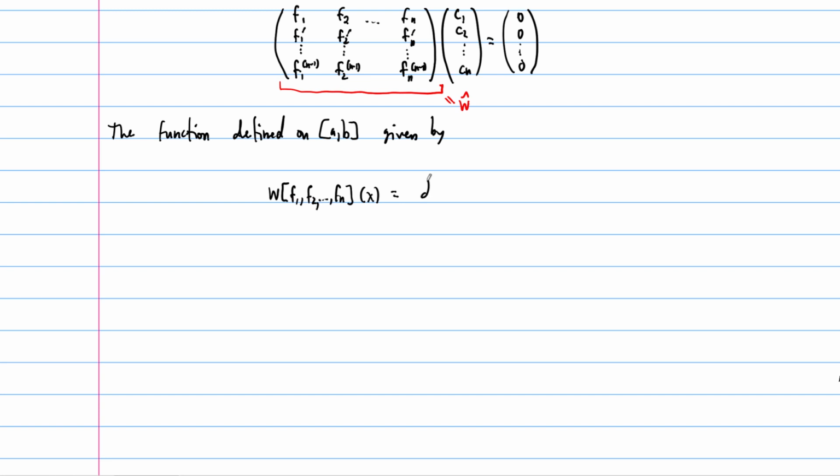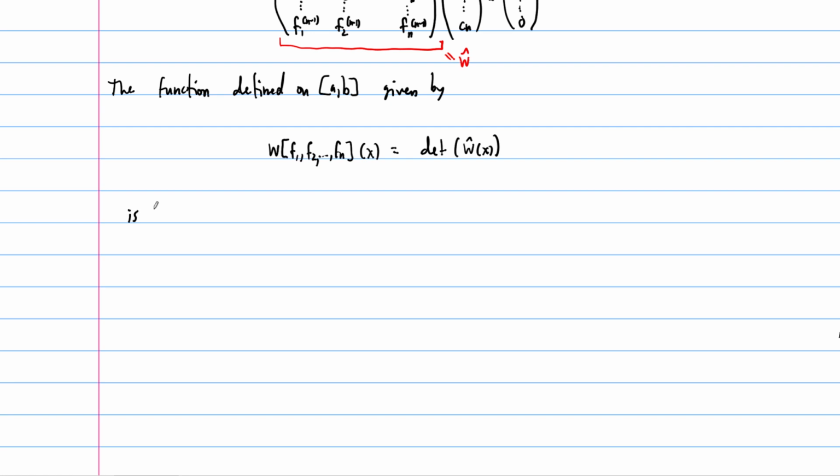This is just defined to be the determinant of W hat of x. You can either compute the determinant first and then plug in your x value, or plug in x first and then compute. Either way is fine. This is called the Wronskian of this set of functions f1, f2 through fn.